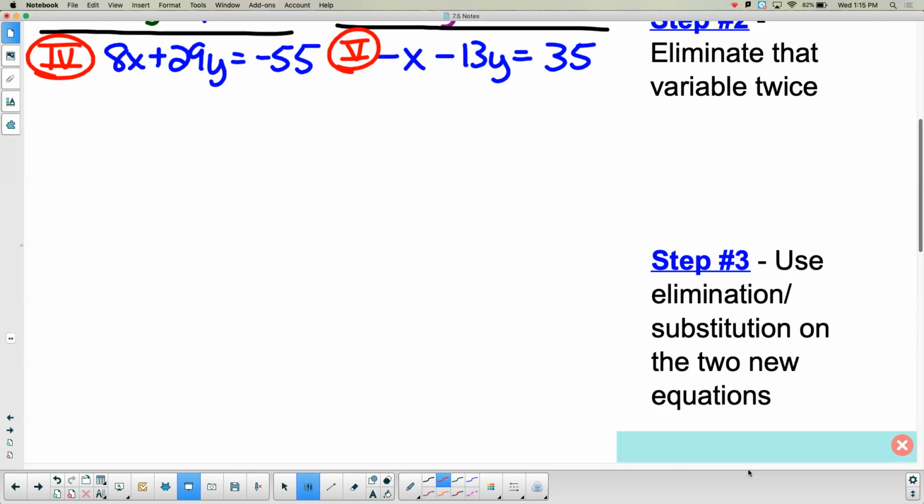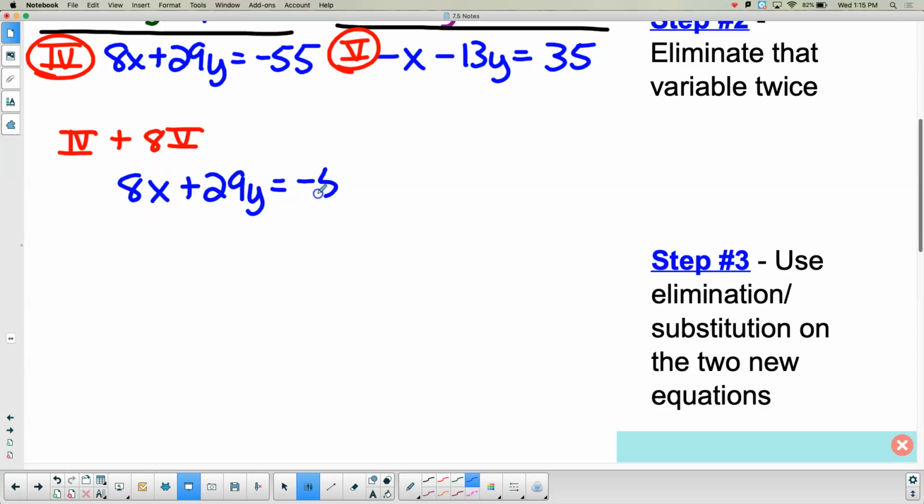X. Good choice. So I'm going to take equation number 4 and add to it 8 times equation number 5. Would you agree with that? Okay. Equation number 4 is 8x plus 29y equals negative 55. 8 times the other one is going to be negative 8x.